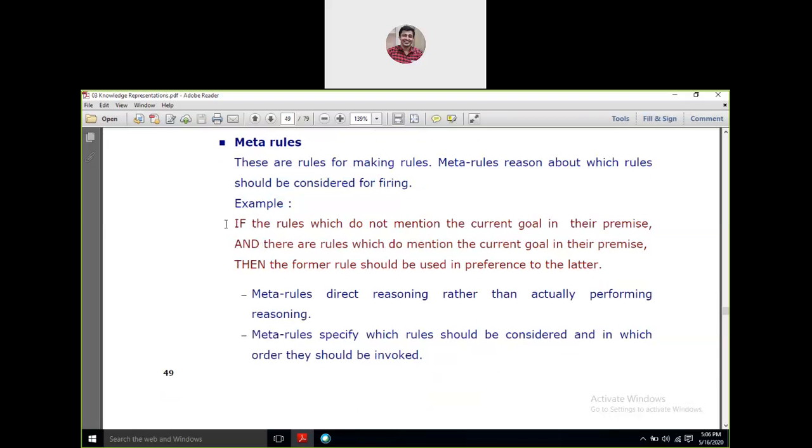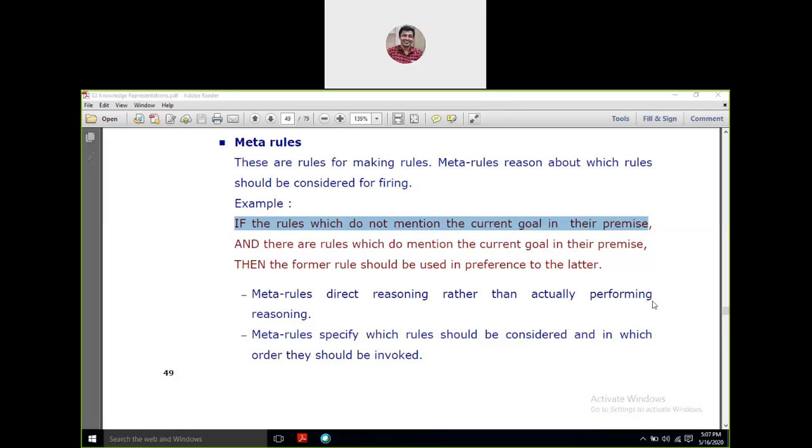In this case, the best example is out here. Just listen to it. If the rules which do not mention the current goal in their premise part, that is, the part in front of the proposition, and the conclusion part is the rear part of that particular assertion.